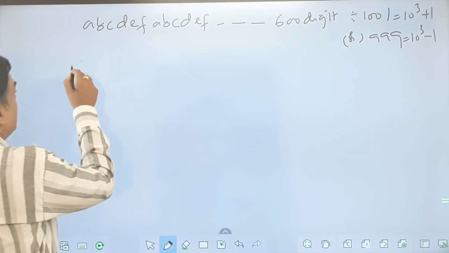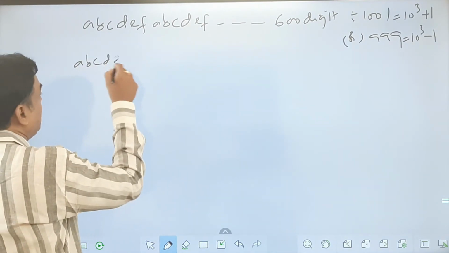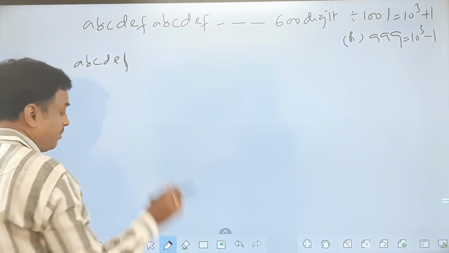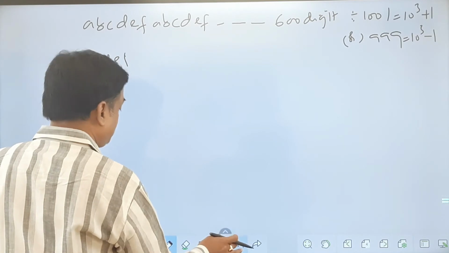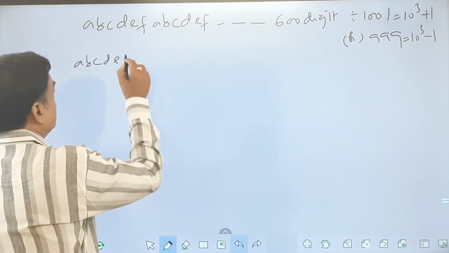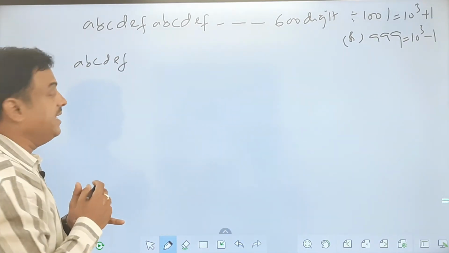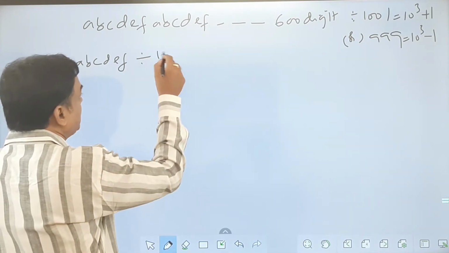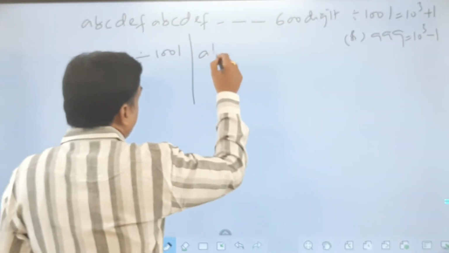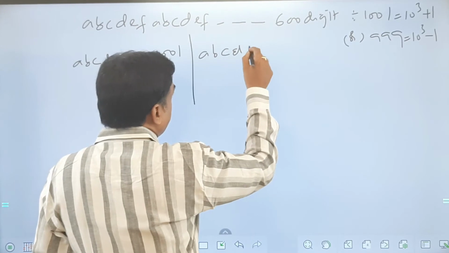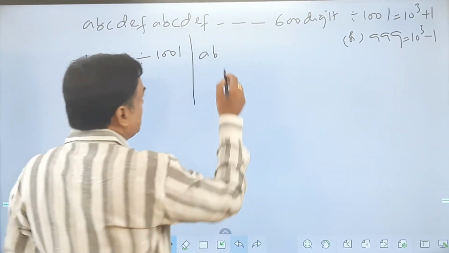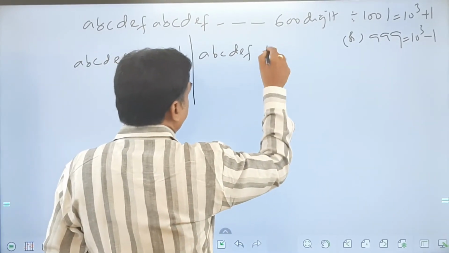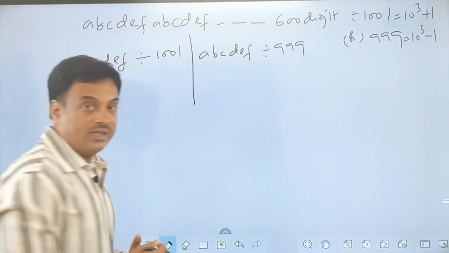Listen to the logic. If I say A, B, C, D, E, F, since you have followed the previous question, this will be easy for you. Listen, if I have 6 digits A, B, C, D, E, F divided by 1001 and the same A, B, C, D, E, F, A, B, C, D, E, F divided by 999, then what happens?